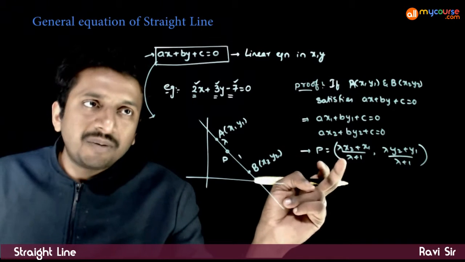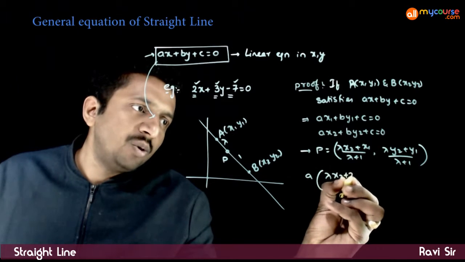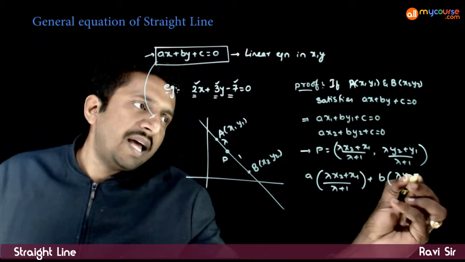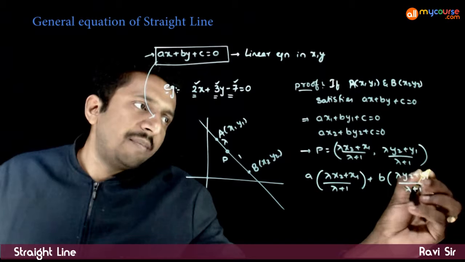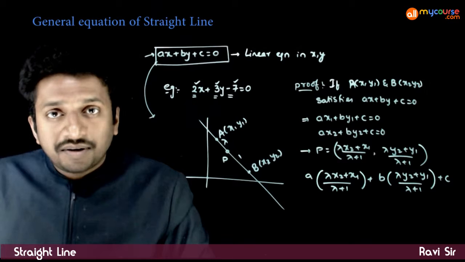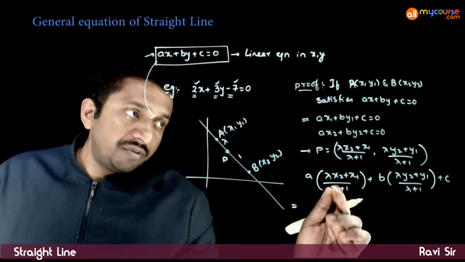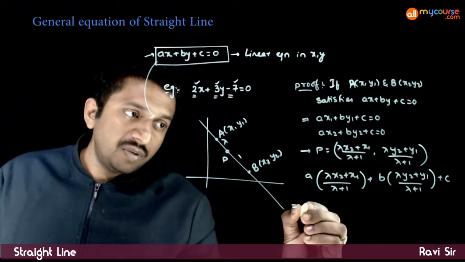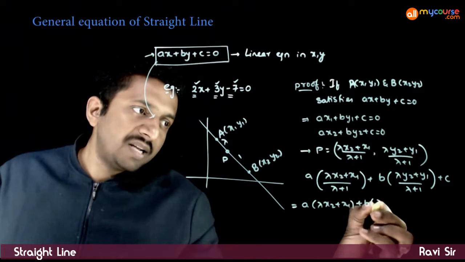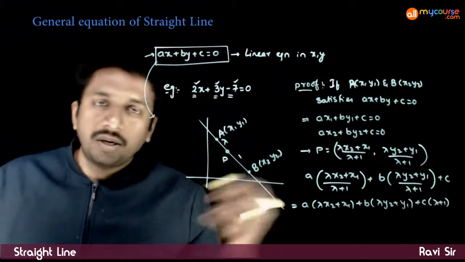Now let us see whether P satisfies this equation. So A times (lambda x2 plus x1) by (lambda plus 1), plus B times (lambda y2 plus y1) by (lambda plus 1), plus C. Let us see whether this will be equal to 0 or not. If you take the LCM, you get A times (lambda x2 plus x1) plus B times (lambda y2 plus y1) plus C times (lambda plus 1).